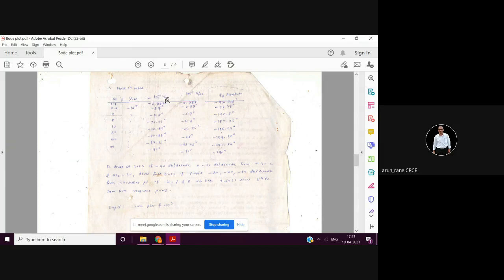If you have a calculator you can calculate tan inverse of 1 by 20, which will be 2.862. Like that, and then for infinity, you will get all these values.